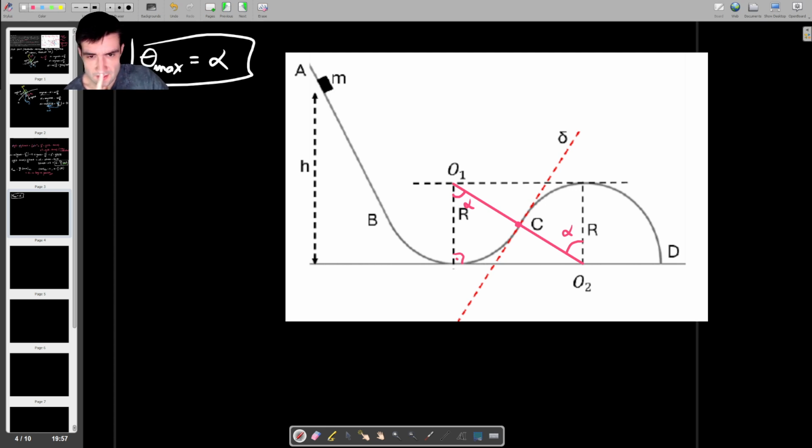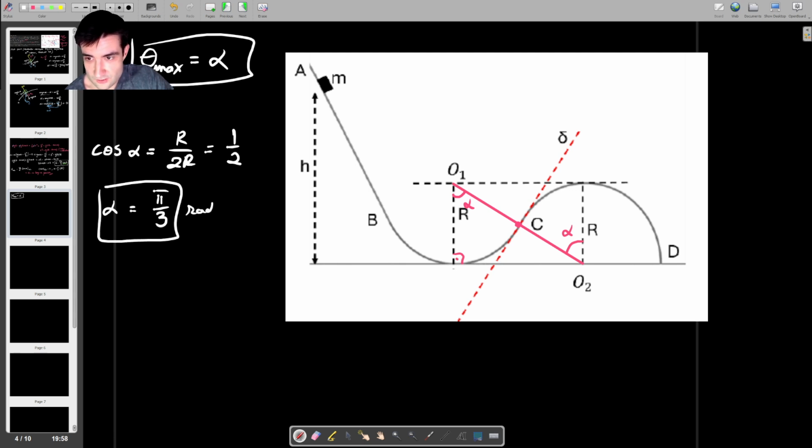So we can use not tan, but cosine. Cosine of alpha is r over 2r, which is equal to a half. So that's nice. So alpha is pi over 3. It's a nice number. Radians, of course, or 60 degrees if you prefer. So we found alpha, which is pi over 3.